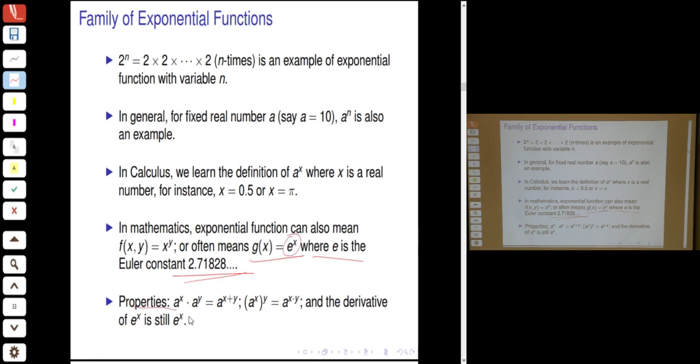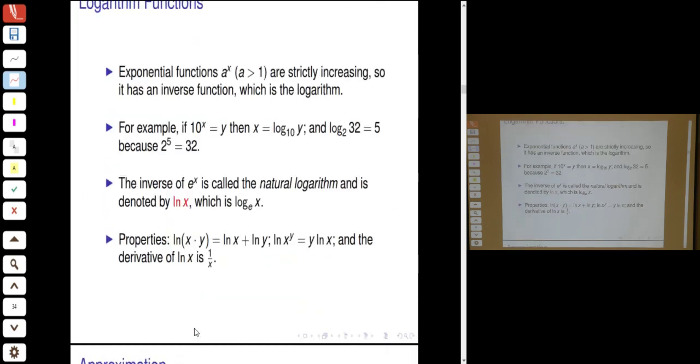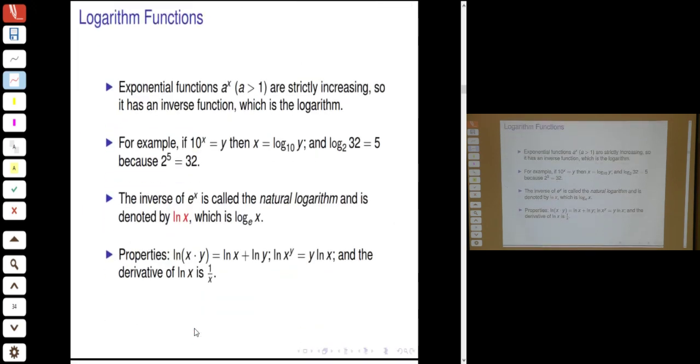Properties of exponential functions. a to the x times a to the y is a to the x plus y, and a to the x to the y is a to the x times y, and the derivative of e to the x is still e to the x. Exponential functions a to the x with a bigger than 1 are strictly increasing, so it has an inverse function which is the logarithm.